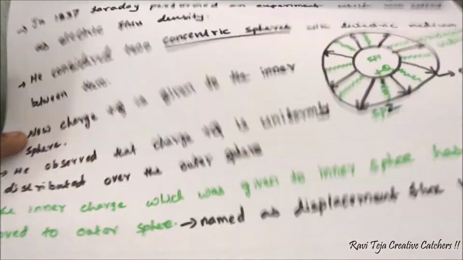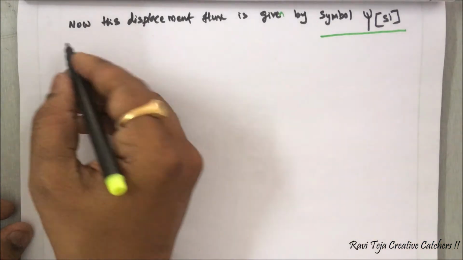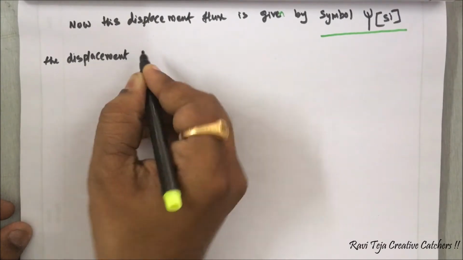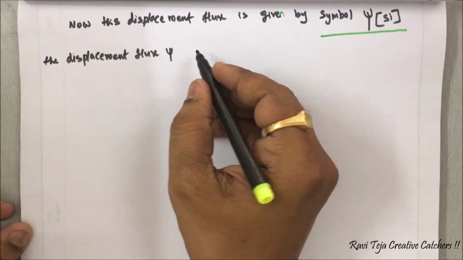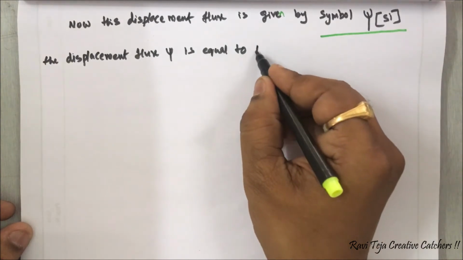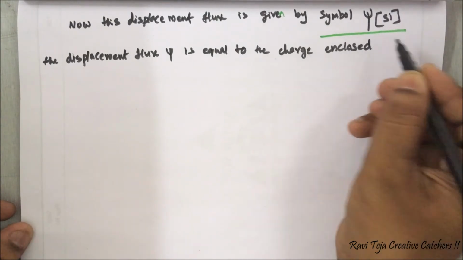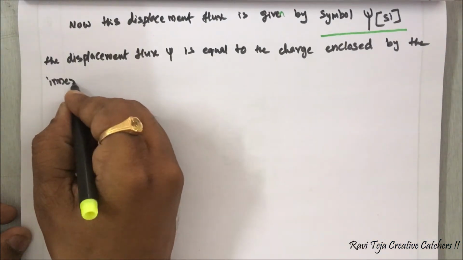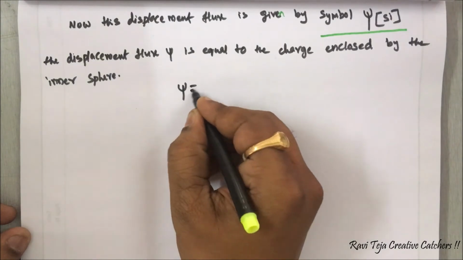So we can say that the displacement flux psi is equal to the charge enclosed by the inner sphere. That means psi is equal to Q.